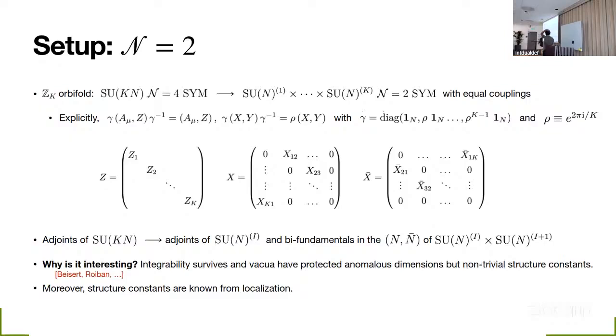And as I said, it has protected dimensions, but nevertheless non-protected structure functions. And moreover, these structure constants were computed previously by localization. So we have something to compare to.